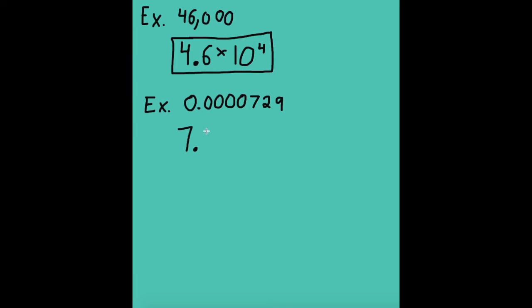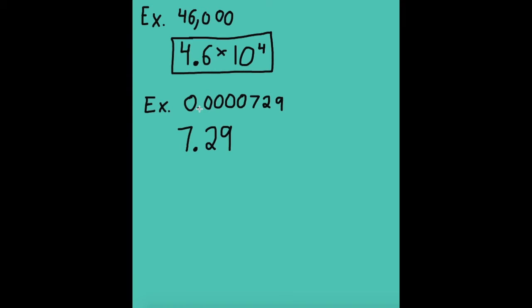Then you put the numbers after the 7, which are 2 and 9. So far, you have 7.29. Now, let's look at 0.0000729. When we keep a decimal after the 7 and count how many we have to the beginning, we notice we have 1, 2, 3, 4, and 5.